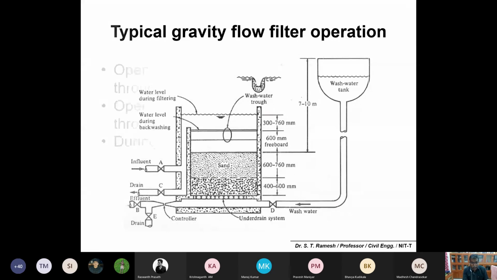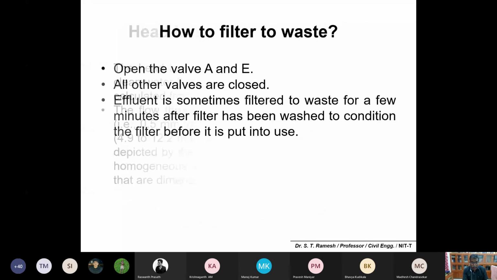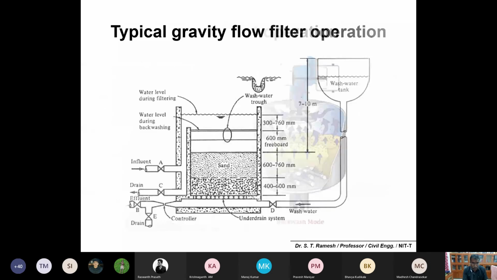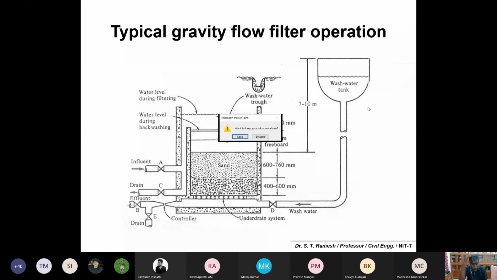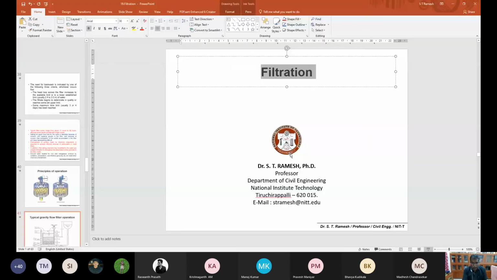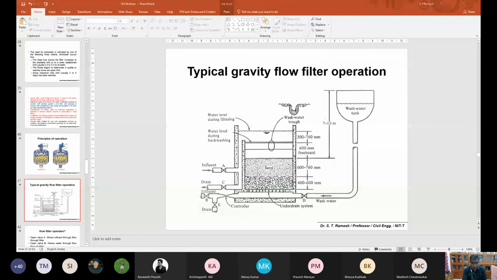I'll stop here, so that at least you have a glance at the typical operations and how the filtration operation will look.